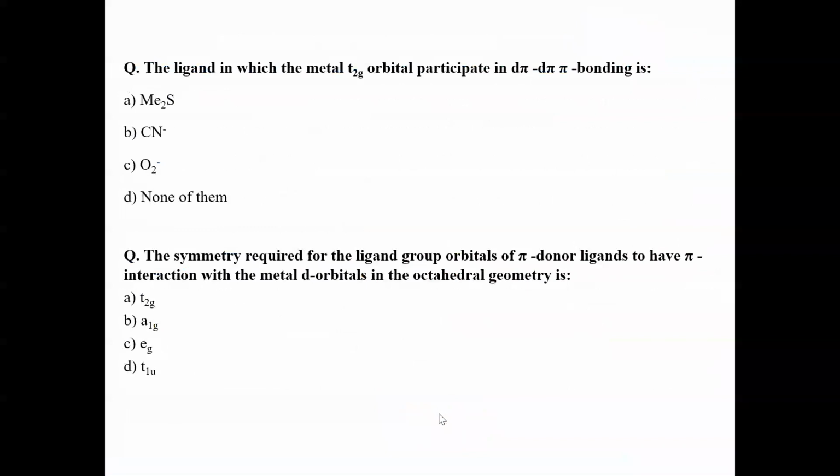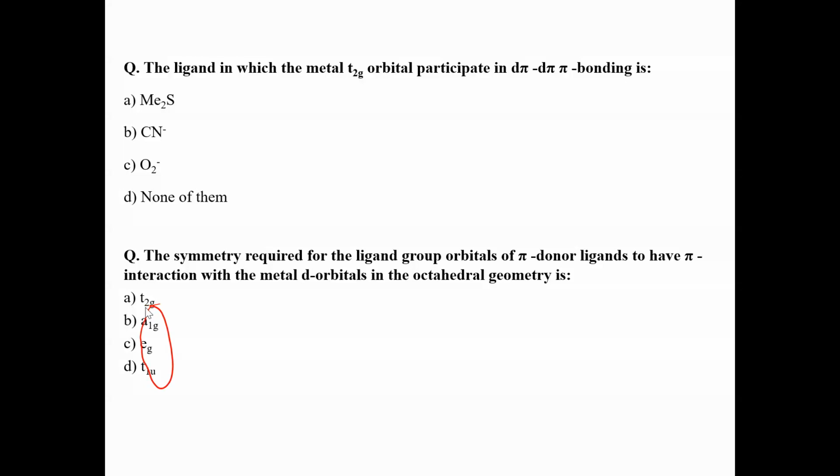You have to identify which ligand will be appropriate to participate in this bonding. The second one: the symmetry required for the ligand group orbitals of a pi donor ligand to have pi interaction with the metal d orbitals in octahedral geometry is T2g, A1g, Eg, or T1u. Basically, three of these orbitals are already involved in sigma bond formation, so you can easily opt out other options.